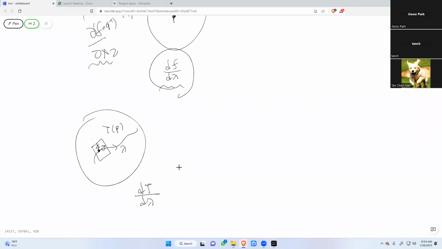The definition that you prefer is defining vectors using derivatives, noticing that you could do a nice one-to-one map between these so-called tangent vectors, tangent arrows, and these derivatives on curves.